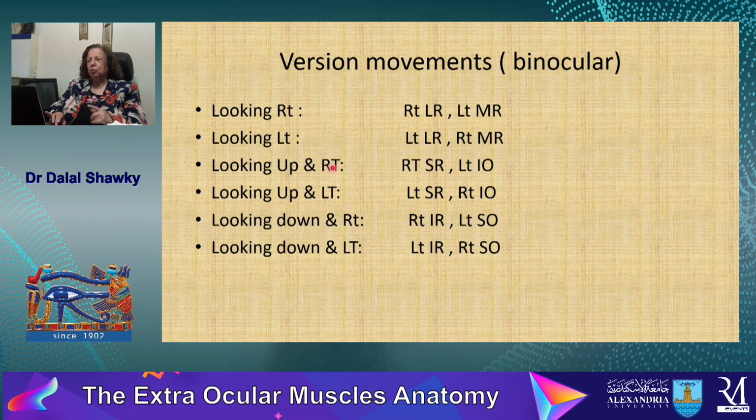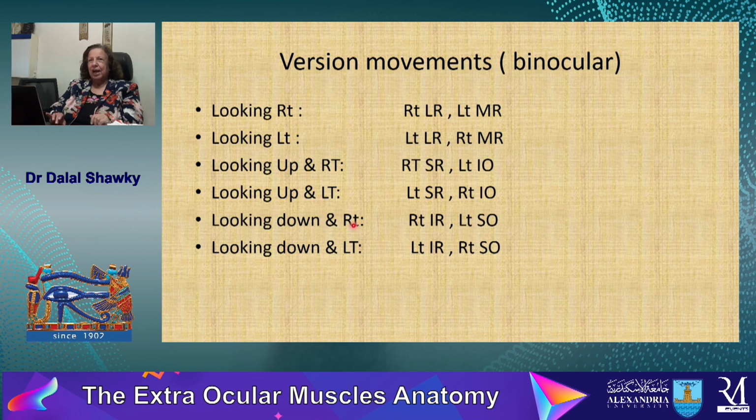Looking up and to the right, we are testing the superior rectus of the right eye and the inferior oblique of the left eye. Looking up and to the left, we are testing the superior rectus of the left eye in abduction and the inferior oblique of the right eye.